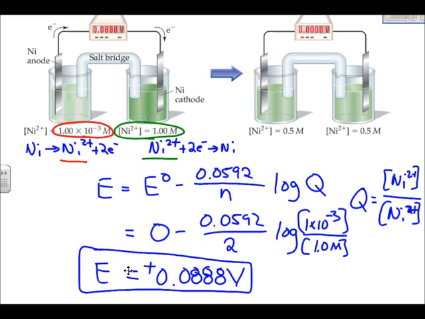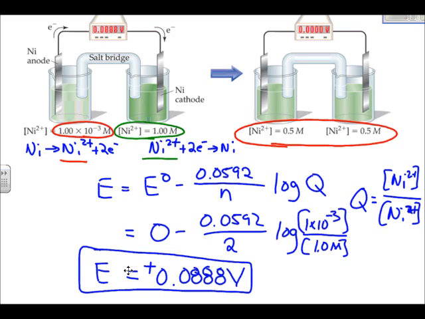So simply by changing the concentration of the nickel ions on each side of the cell, we're able to create a potential difference here. Now, the cell wouldn't operate for very long, because as soon as the process starts, you're going to increase the nickel concentration in the beaker on the left, and the concentration of nickel on the right will go down until they finally reach the same concentration, at which point the cell would have a 0 potential.